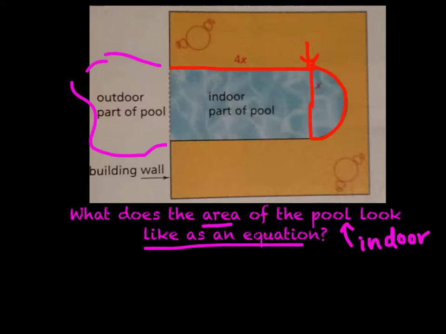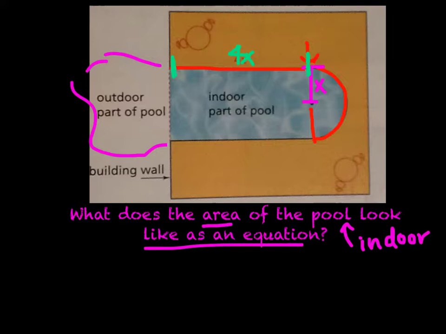If we look at this half circle portion, it shows us specifically that the radius of this half circle is x. And it also looks like the side length of this rectangle is 4x. So we need to create an equation for this part of the pool.